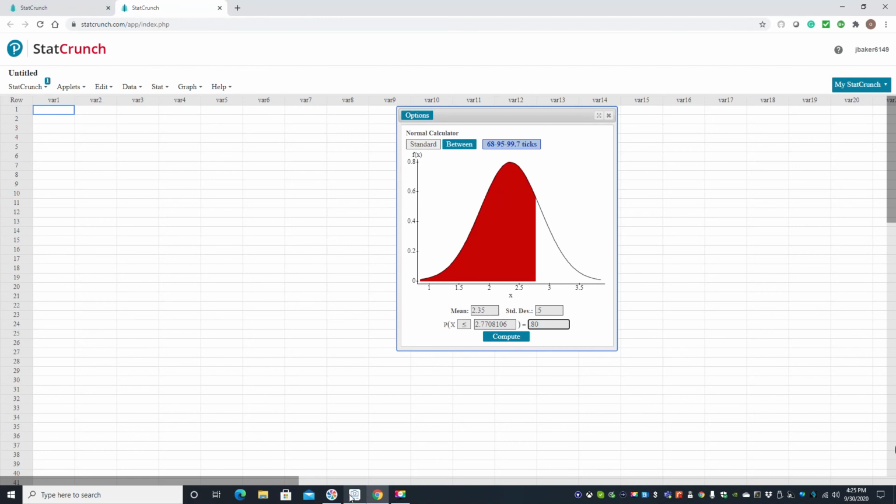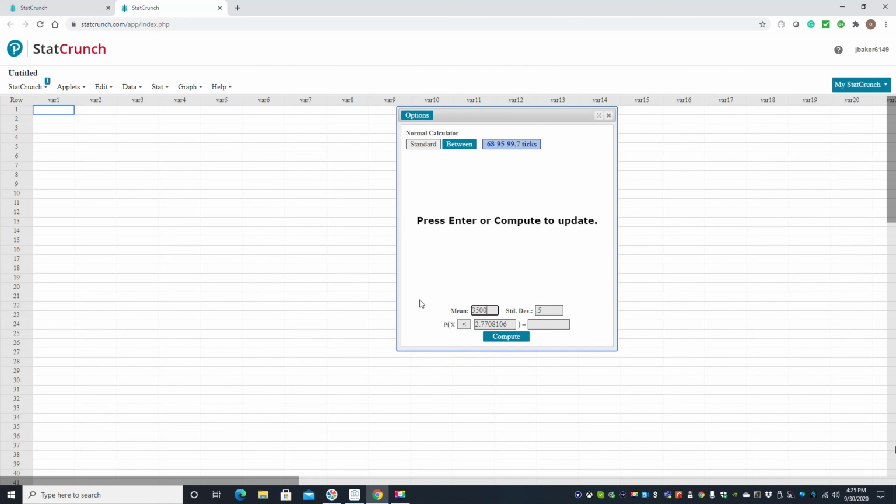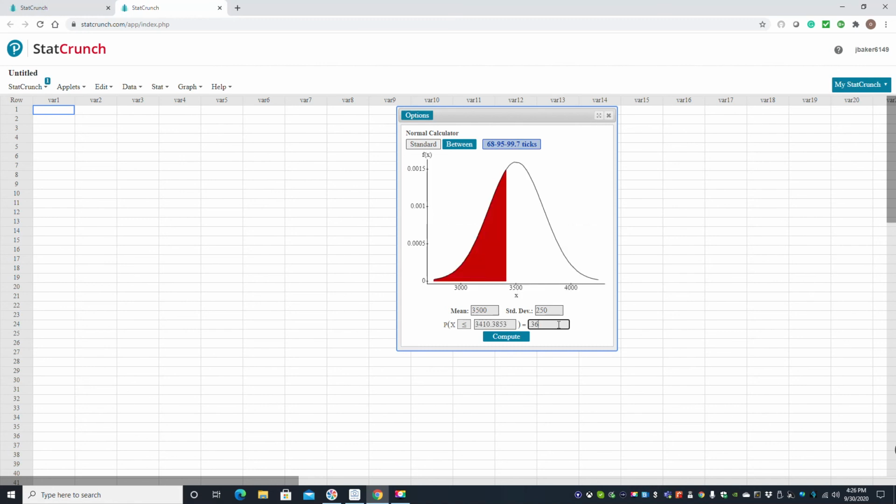So I would go back here, put 3,500 here, put 250 here, and then in here I'm going to put 0.36, and that gives me the price is $3,410.38.